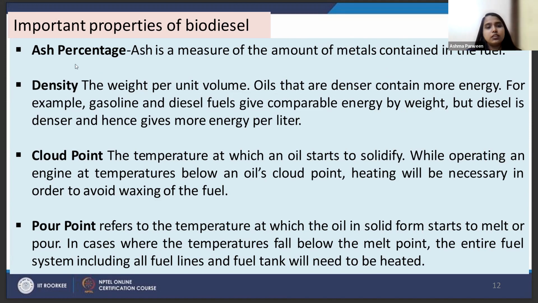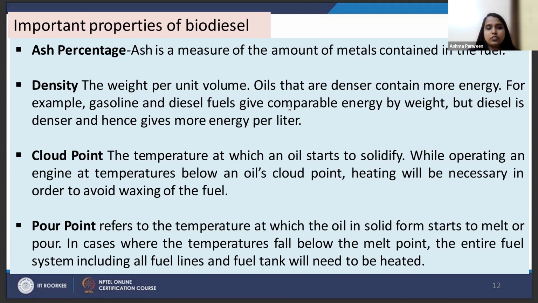Next is density. Density is, in simple words, weight per unit volume. Diesel is denser than gasoline, and hence gives more energy per liter, even though gasoline and diesel fuel give comparable energy by weight.